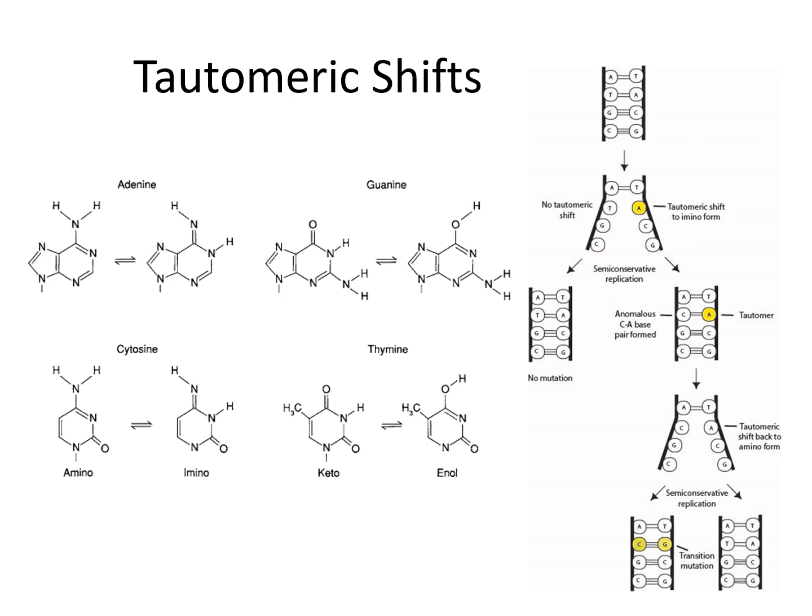That's called a tautomer shift. That changes the whole structure from amino structure to imino structure. But the majority of adenine and cytosine adopt the amino structure. For guanine and thymine, the majority adopt the keto structure.